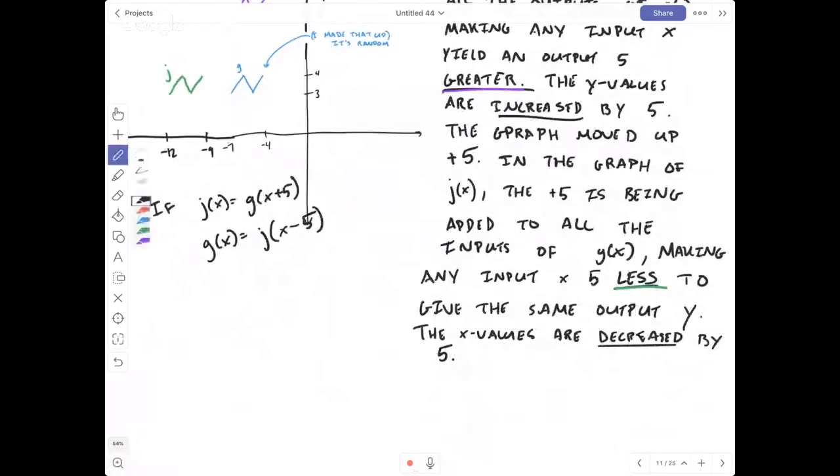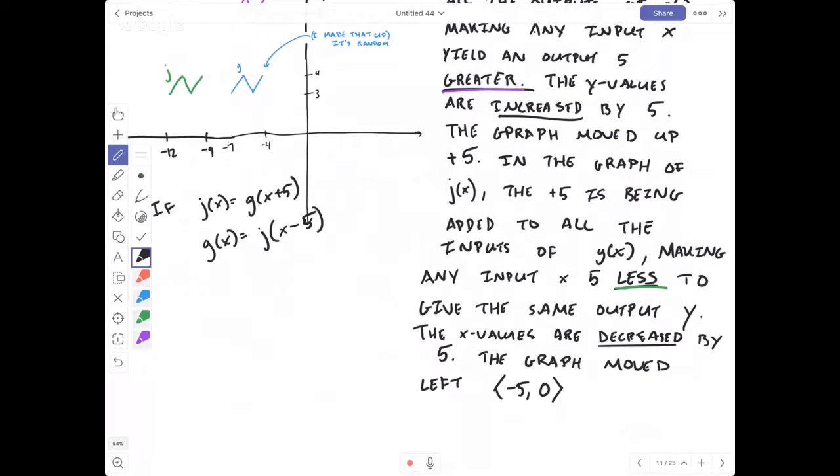The graph moved left by the vector -5, 0. Here it was 0, 5.